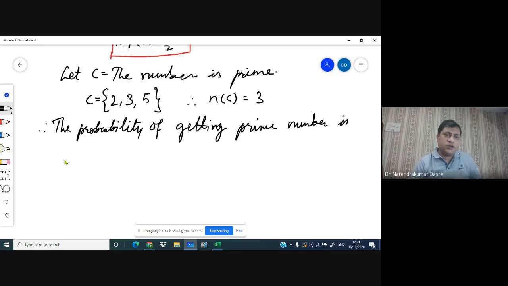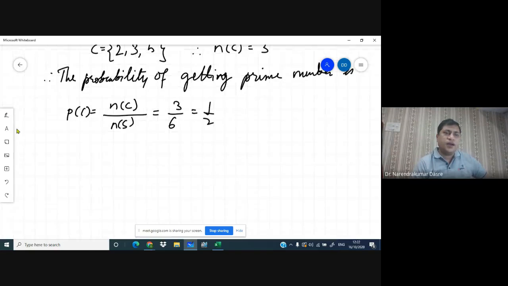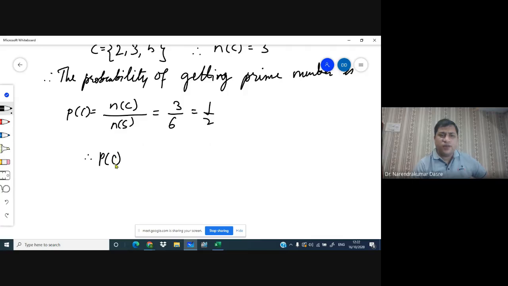We can write the probability of C is equal to the number of sample points in C upon the number of sample points in the sample space. So here this is 3 by 6, which is going to be half. So the probability of C is going to be half. So we got the probability for the event that the face shows a prime number.